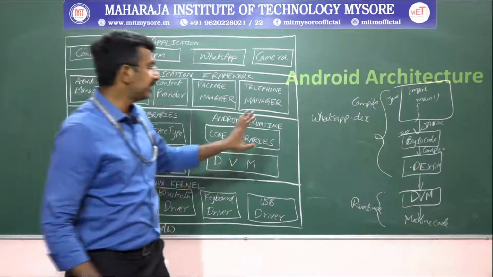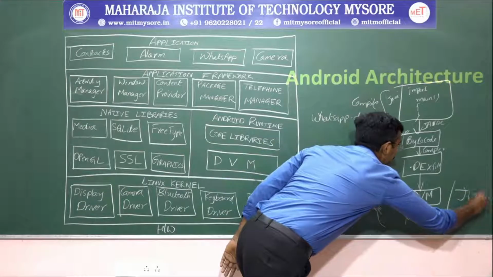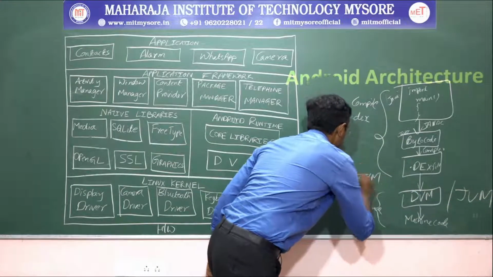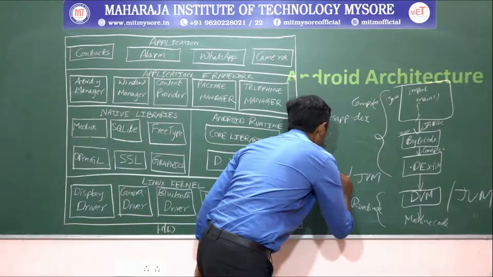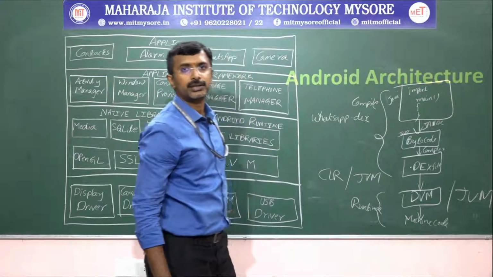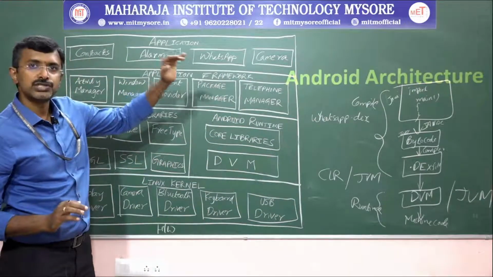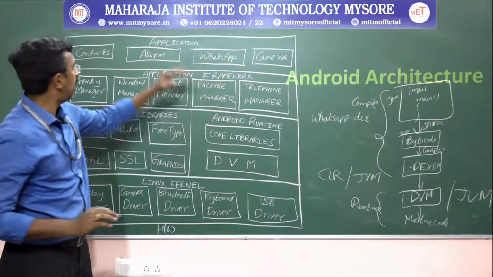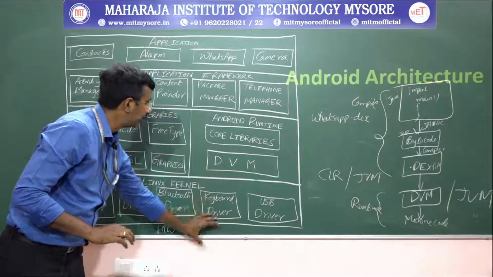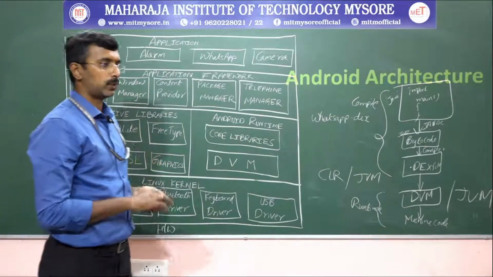Do remember, it is very similar to the JVM in Java, or the CLR in .NET. This is actually how exactly our Java application is getting executed here, and then it talks to your kernel, the OS. So this is how it works.